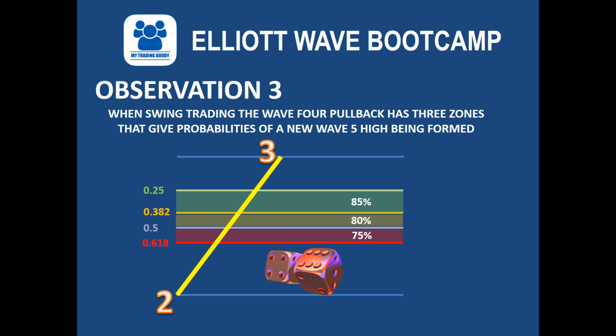If that high probability move then continues to go higher and higher and forms a new wave 3, that's a good thing. But you can't predict the future, and it's very difficult to trade that wave 3. And we can show you some examples on the charts.